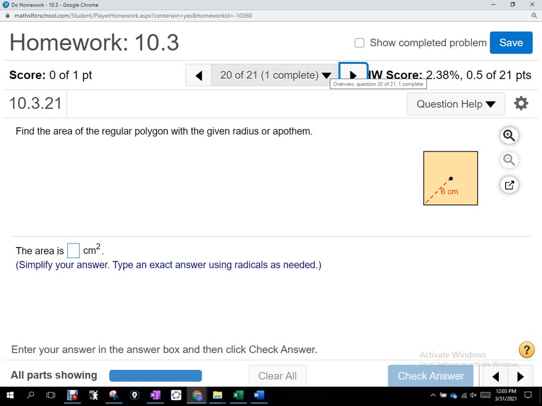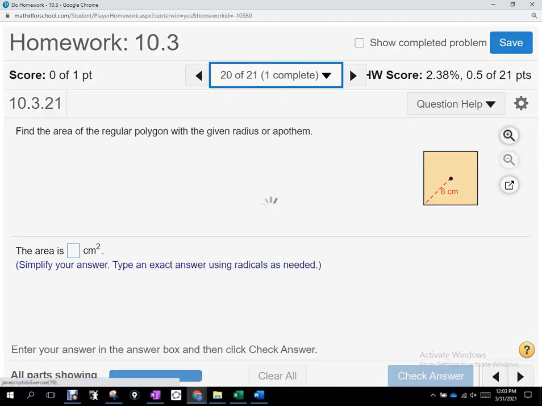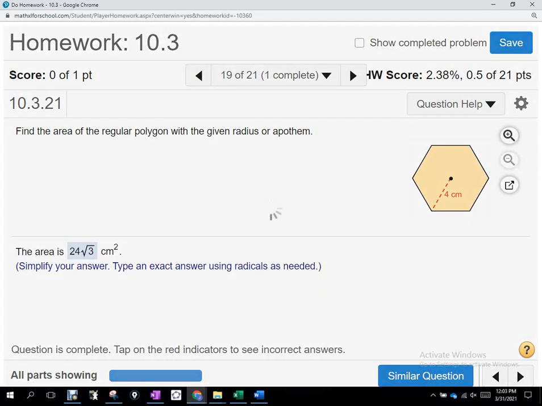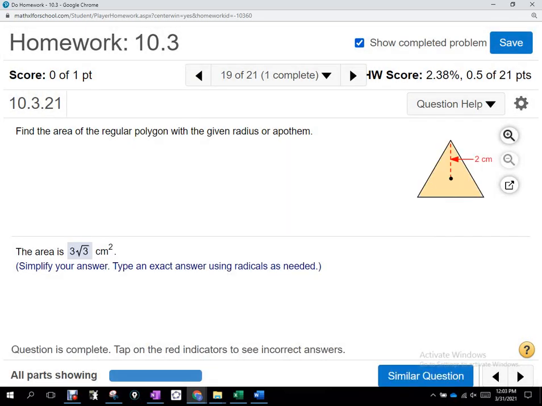Any others? Say 19? Okay, so some of you might, so if I toggle back and forth, you might get different shapes. Okay, so Connor, you asked about, did you get a square on the one that you asked about?